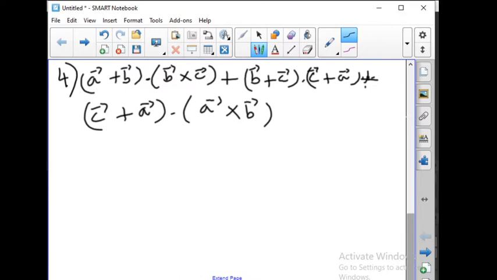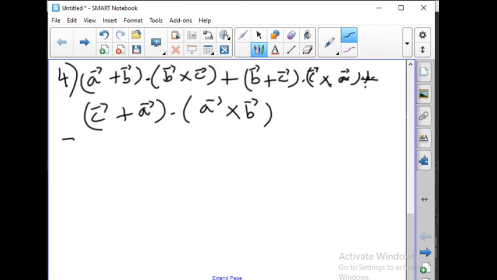So we have to find the value of this. Okay. So given the volume of the parallelepiped is equal to 4.